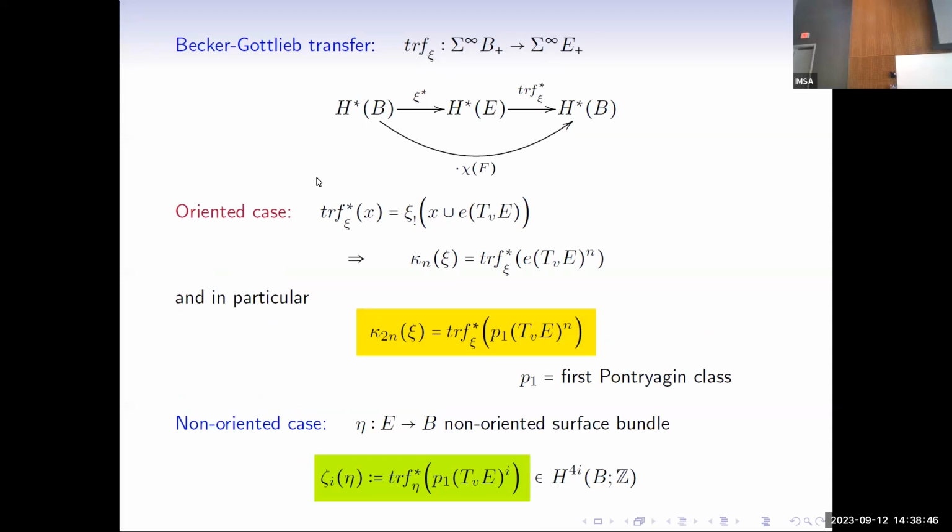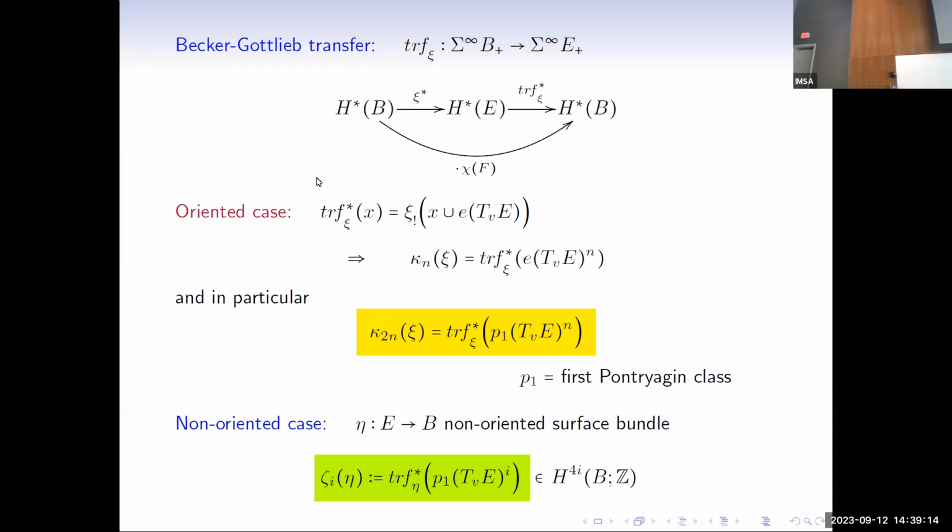And there's still another approach to look at this. It turns out that there's a stable map called the Becker-Gottlieb transfer that goes in the wrong direction, from the suspension spectrum of the base to the suspension spectrum of the total space, right? And that satisfies certain nice conditions related to the Euler characteristic of the surface.